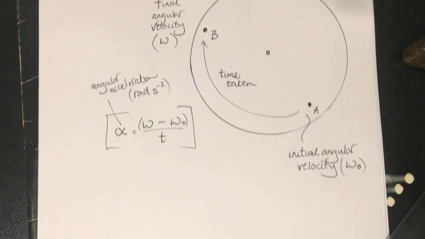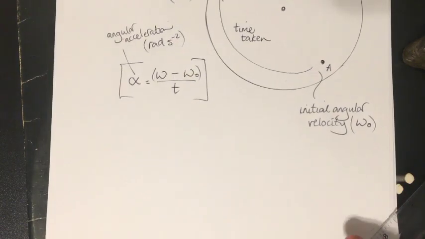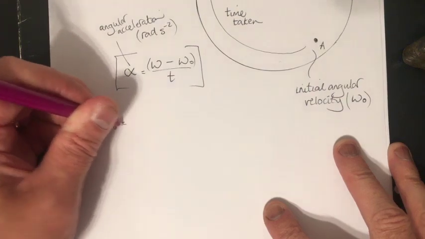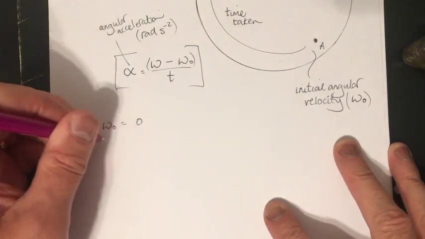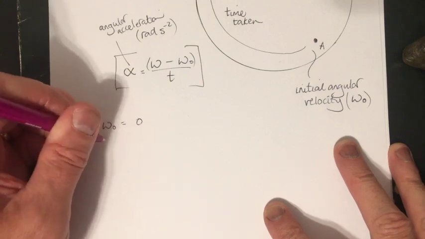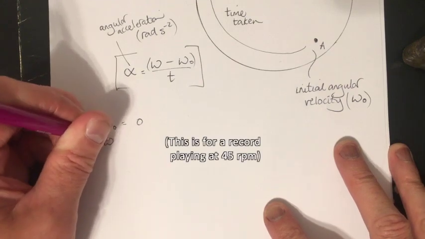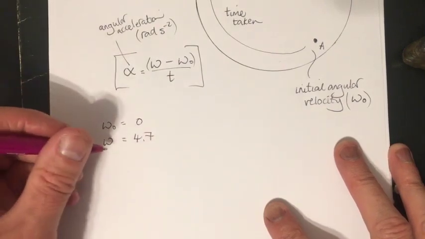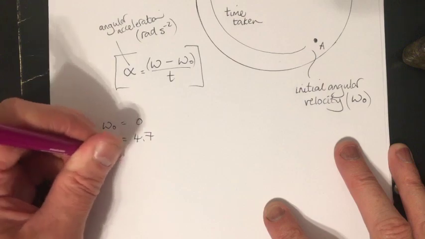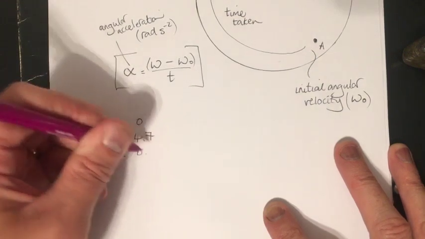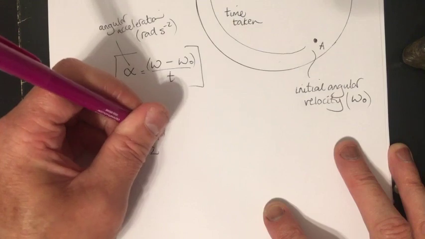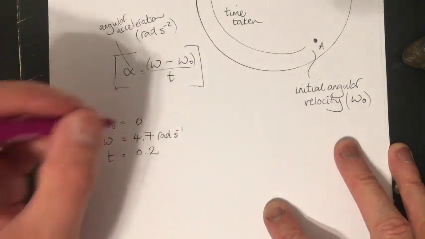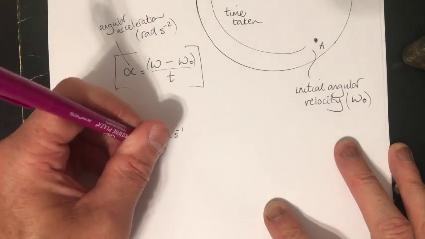Now, wee example there. In my record here, we started off with an angular velocity of 0. We want it to accelerate up to 4.7 radians per second. Now, very expensive turntables will do that in a fraction of a second. In fact, this one has to do it in 2/10 of a second. So what would the angular acceleration of the turntable be?